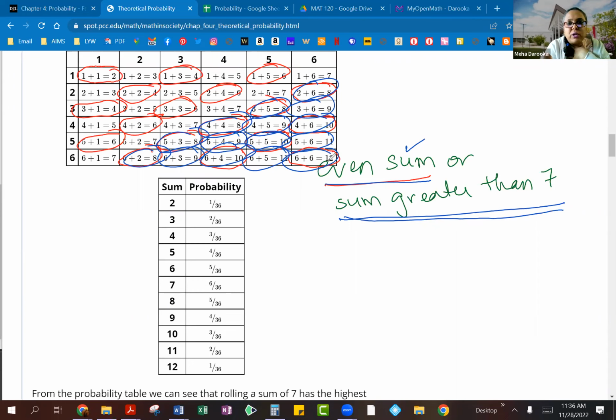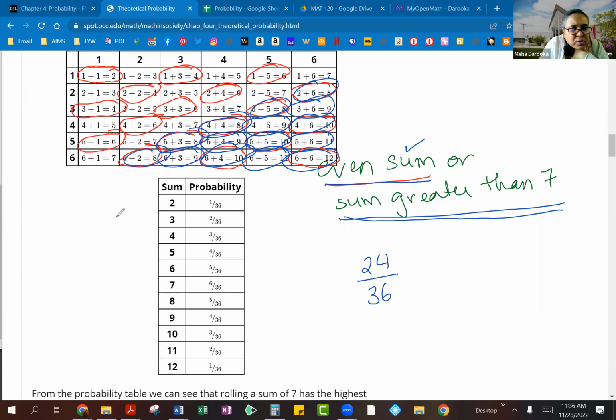So when you count all those blue and red circles together, that should tell you how many total events we have. So it looks like we've got 3, 4, 5, 6, 7, 8, 9, 10, 11, 12, 13, 14, 15, 16, 17, 18, 19, 20, 21, 22, 23, 24. So it's actually going to be 24 out of 36.